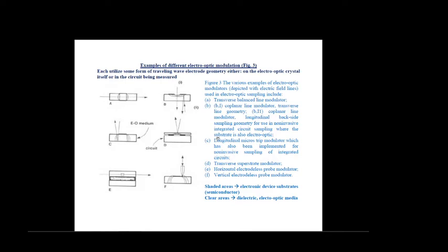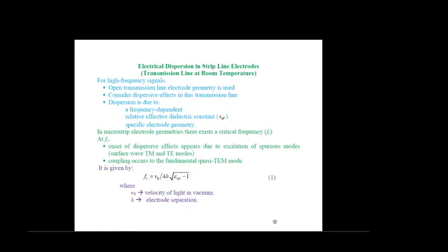So now we come to one example. Here, the electro-optic sampling, as I already said, has three kinds of applications listed there. In the first, we take one example, that is studying the dispersive characteristics of a transmission line.